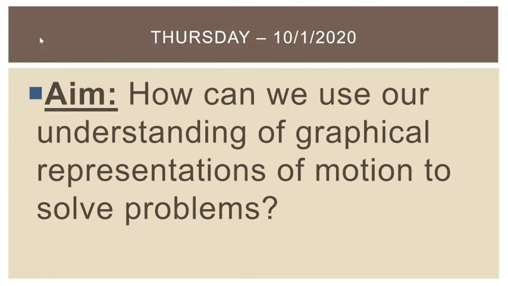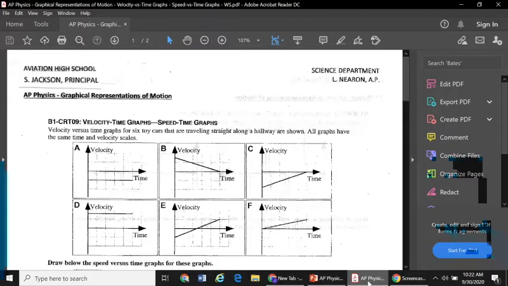So if you looked at the post on Google Classroom, you would have seen a series of attachments. Those attachments are the worksheets the problems that we're going to solve today are on. And so what I'd like you to do first is go back to Google Classroom and locate the AP Physics graphical representations of motion, velocity versus time graphs, speed versus time graphs worksheet.